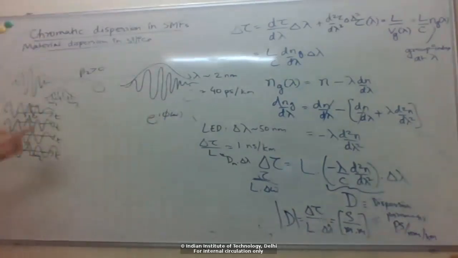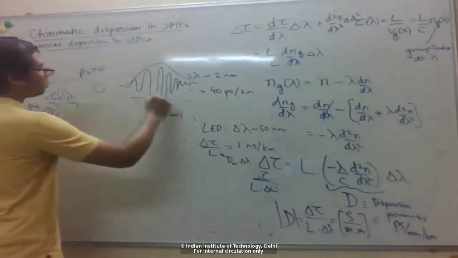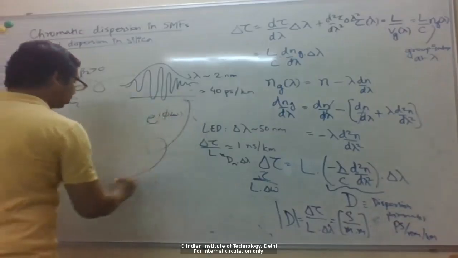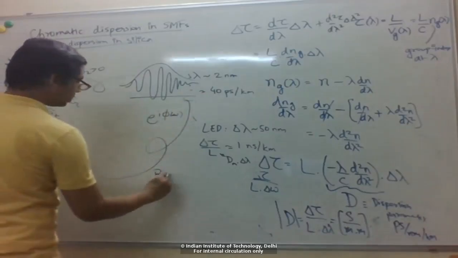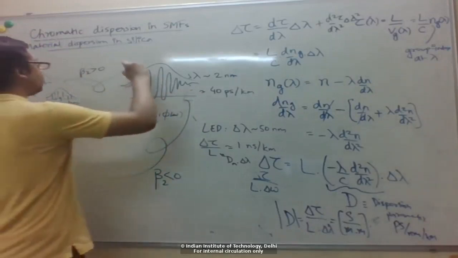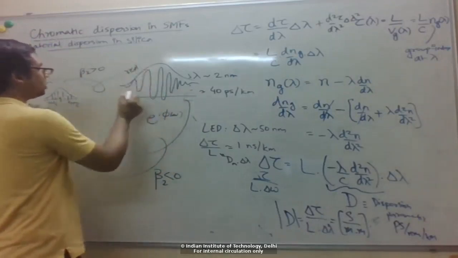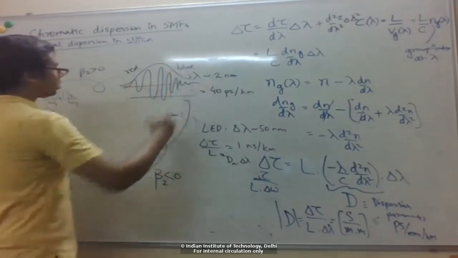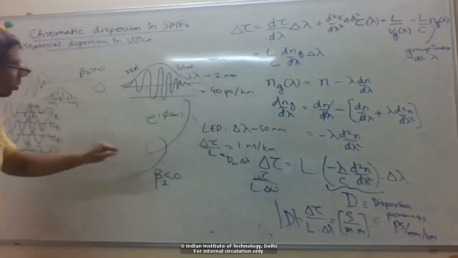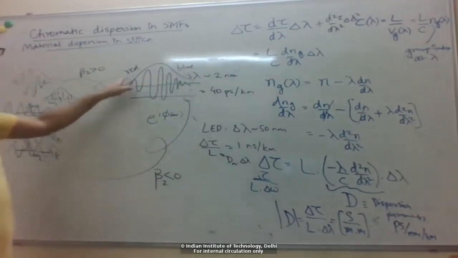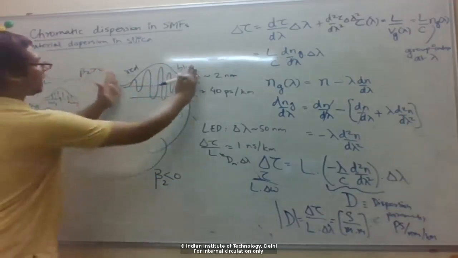So now I have a positively chirped pulse, and now I send it through a fiber which has anomalous dispersion. So what would happen? Here the red frequencies, the low frequencies, are in the front of the pulse, and the high frequencies are towards the back. Through the anomalous dispersion, the higher frequencies will travel faster than the lower, so they will catch up.